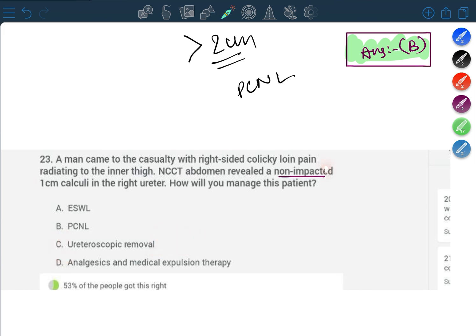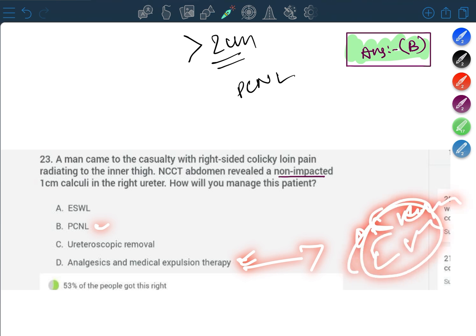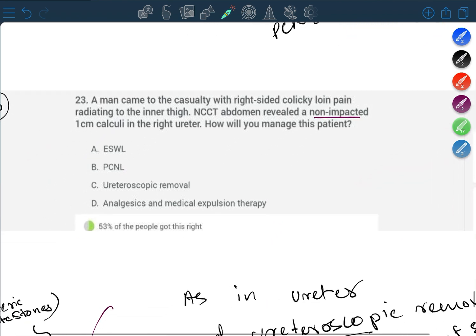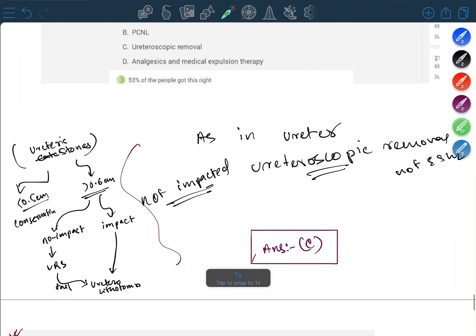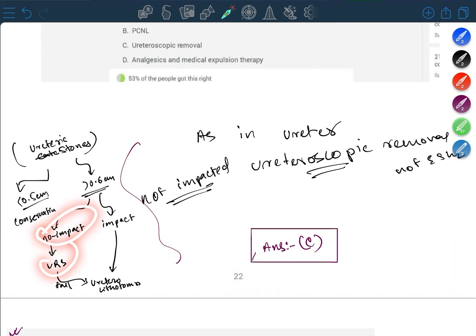As it is in the ureter, ESWL and PCNL are not done. Analgesics are given up to 0.5 centimeter, or 5 mm. Units are important, remember this. And the last, no impact, then URS. If it fails, then lithotomy. And if it has impact, then lithotomy. As it is in the ureter and not impacted, ureteroscopic removal. Answer is C.